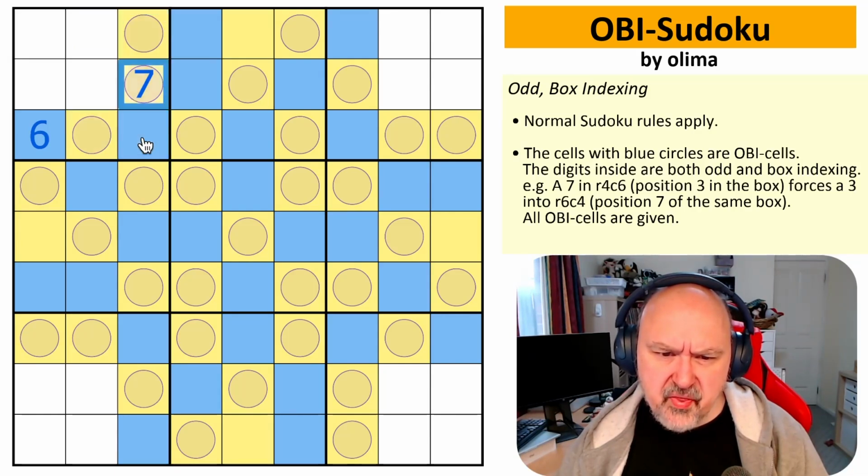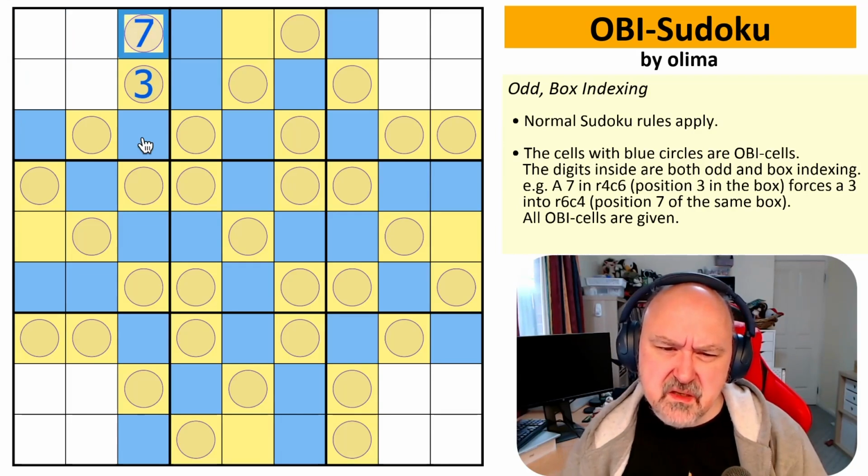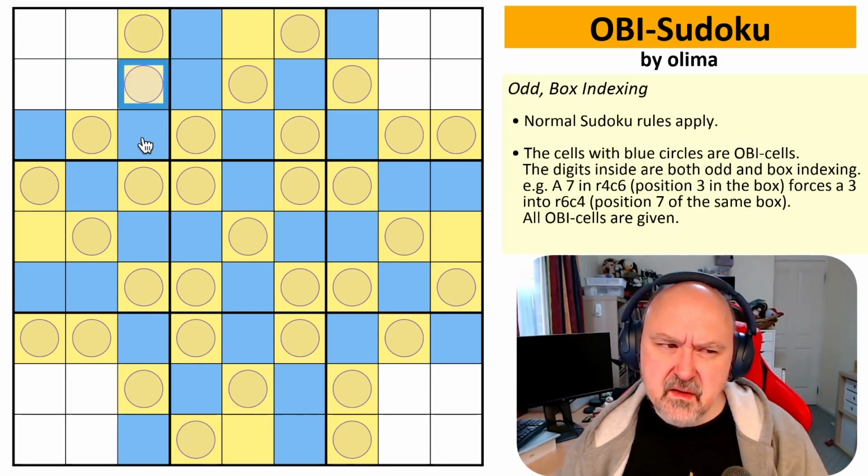But nothing needs to point at that, and that could point anywhere. Like this could point at 3, and then this could point to 7. Oh no, maybe that's... If this is a 3, this can't be a 3.